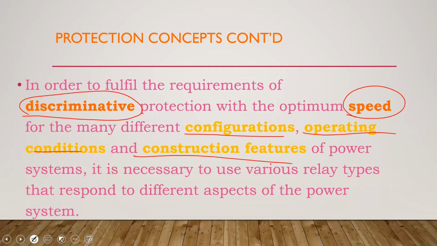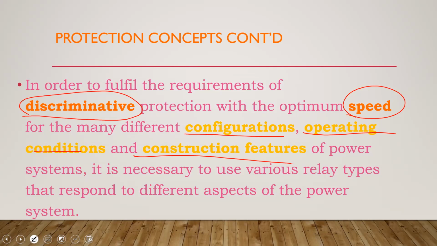So in other words, I want to talk about configurations, whether I'm looking at a ring system, whether I'm looking at a radial system, whether I am looking at, let's say we're talking about your transformers, a delta, a star delta transformer, a star star, you name it.